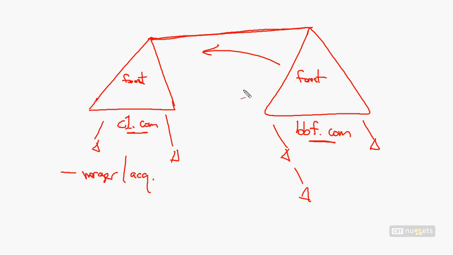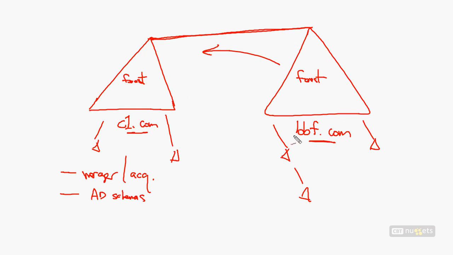The other two reasons for having multiple forests are more technical in nature. One is the need for multiple AD schemas. Now, this might not necessarily be an entire organization, so the entire company and the entire biscuit factory working together.